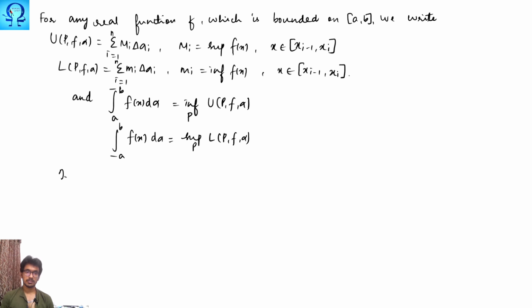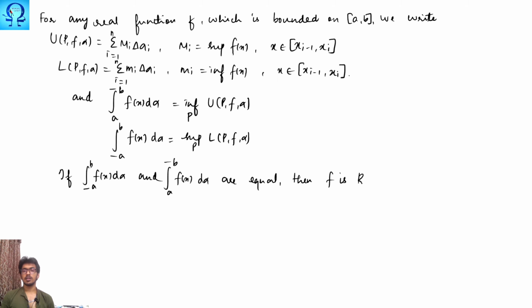If your lower and upper Riemann-Stieltjes integrals are equal, then f is RS integrable, and we write integral a to b of f(x) d alpha.